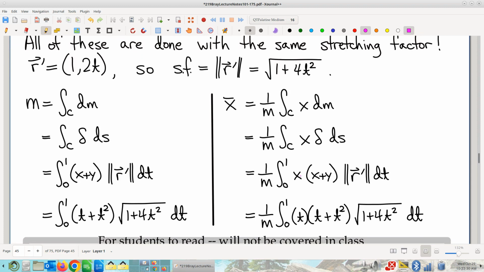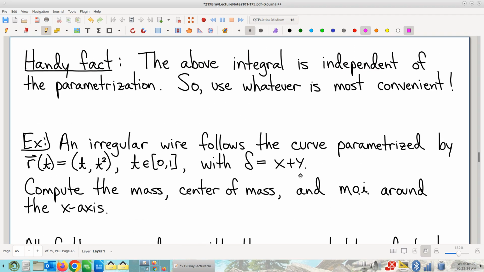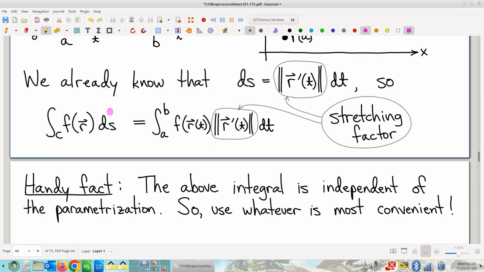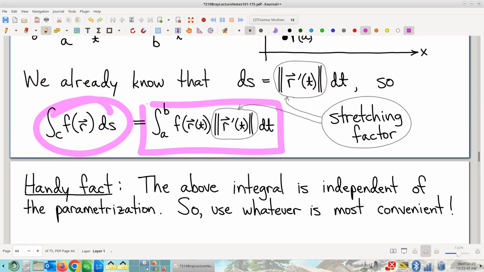What I will point out about this is it's very plug and chug. We've got an explicit formula here. If you want to compute a scalar line integral by pulling back through a parameterization, bam, there it is. Just make sure you know what all these things mean, and off you go.